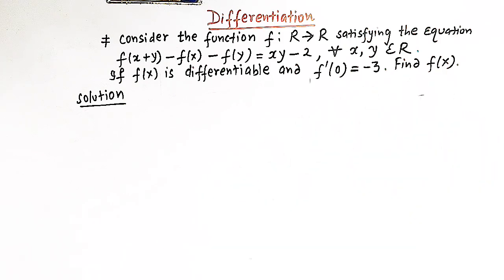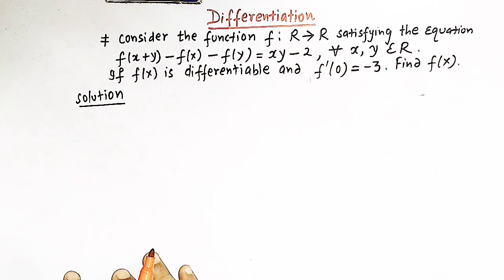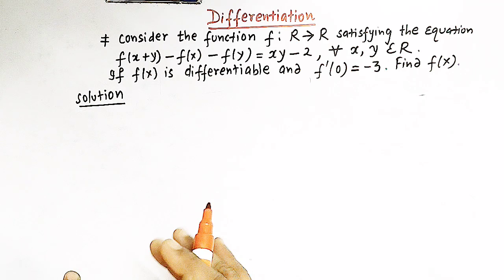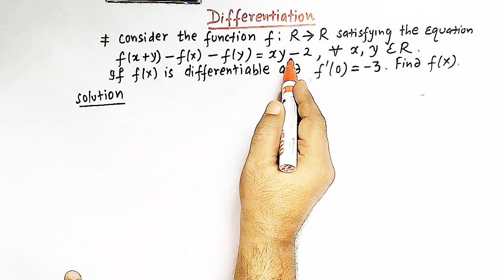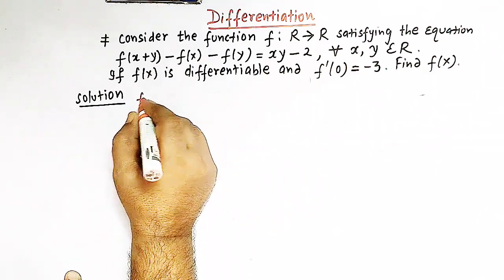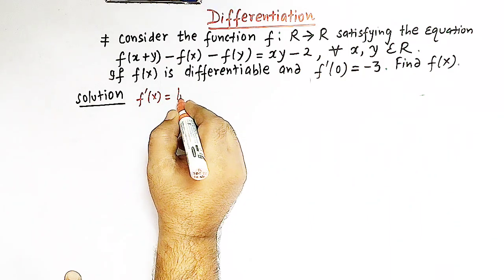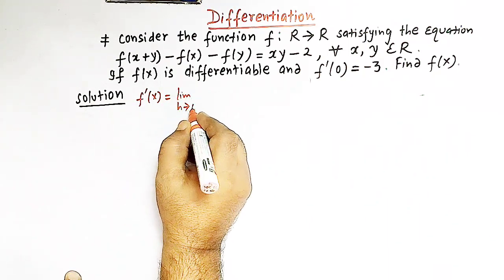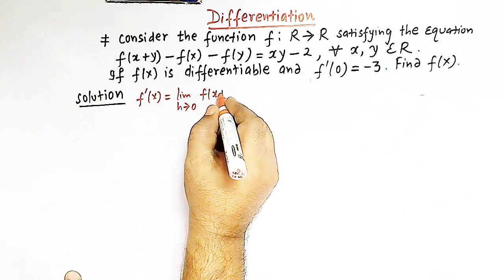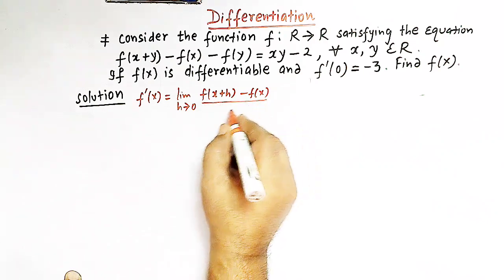Before solving this equation, let us quickly see the definition of derivative, because this definition is going to be of prime importance while solving this equation. The derivative of a function f(x), that is f'(x), is defined by this limit: limit h tends to 0, [f(x + h) - f(x)] divided by h.